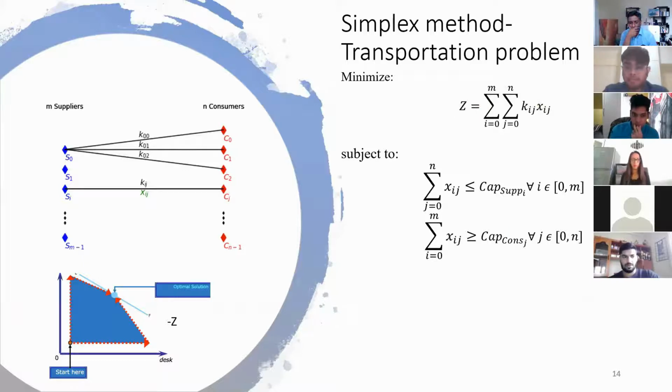The Simplex method basically visits a sequence of points in the geometric space until it reaches the optimal solution. In this blue region with its boundaries, this represents the feasible region. These are points that all satisfy the constraints of the problem.